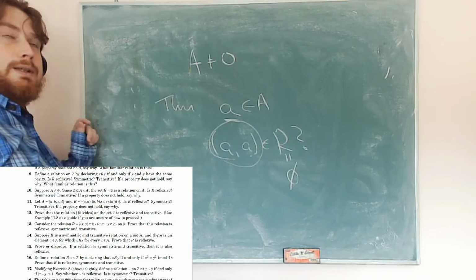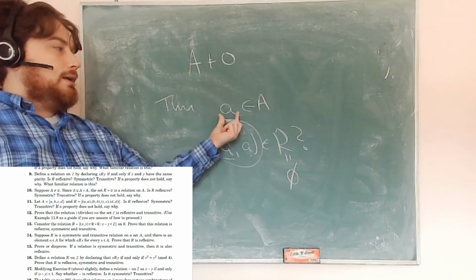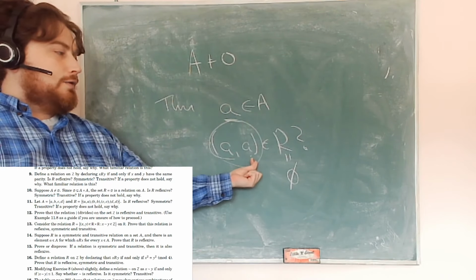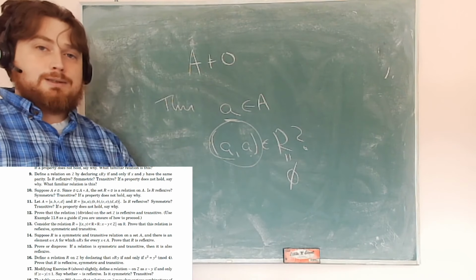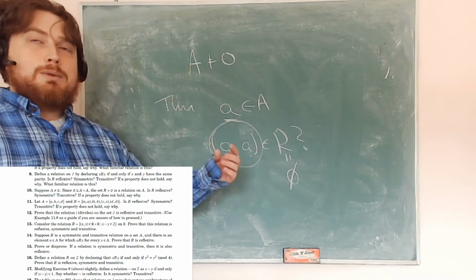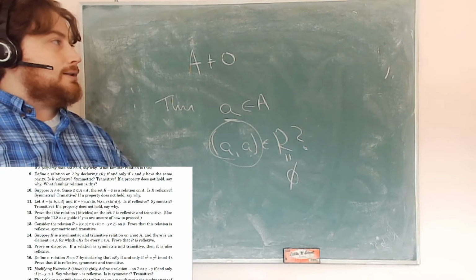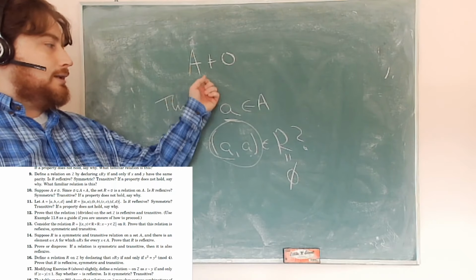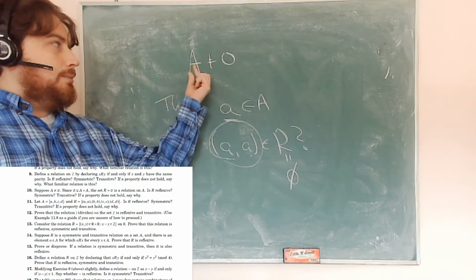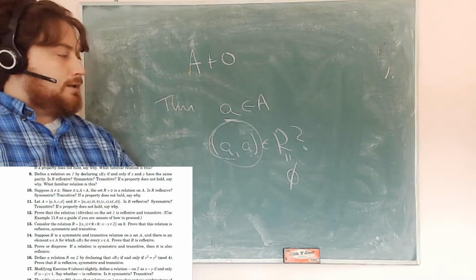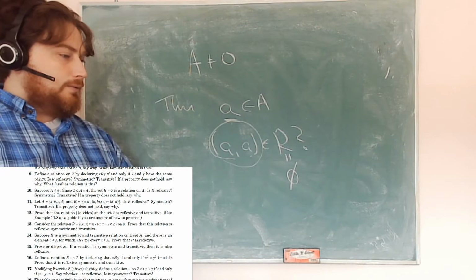So what we have is there exists something in A, that a in A, that cannot be related to itself because my relation is the empty set. Therefore, the relation of the empty set is not reflexive because anything in A is not related to itself. And because A is not equal to the empty set, there has to be something in A. Hence, it would not be a reflexive relation.